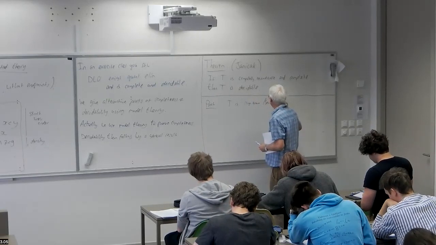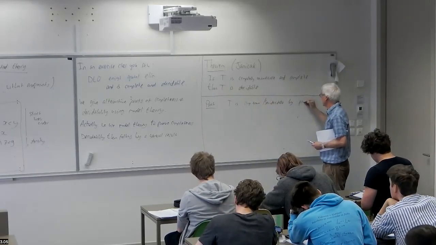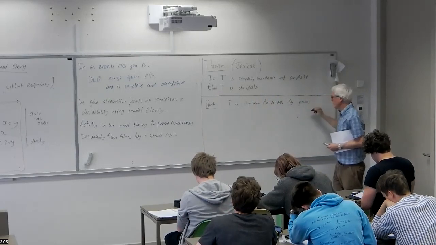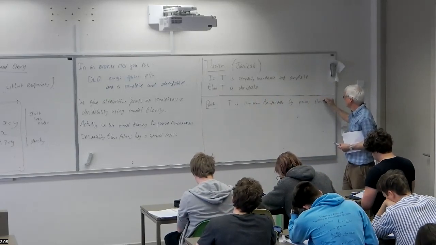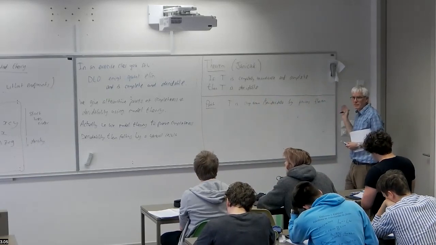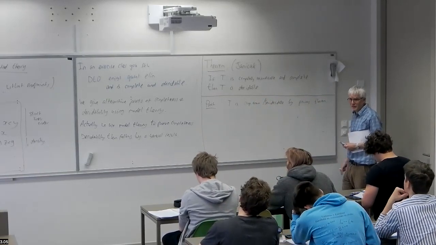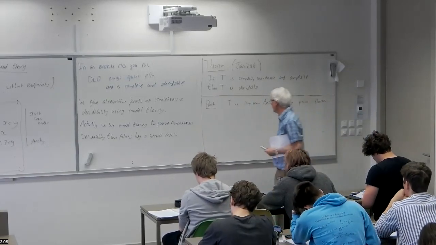Same thing, semi-decidable by the previous theorem that was characterizing computable enumerability. Computable axiomatizability is equivalent to the theory being computably enumerable.